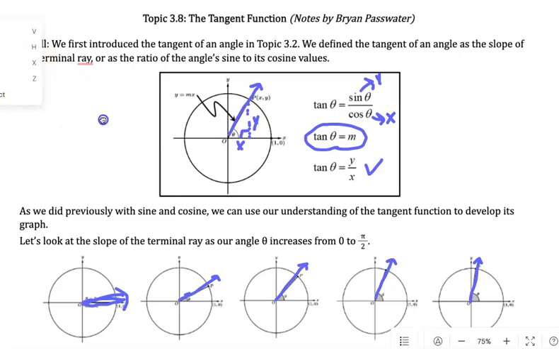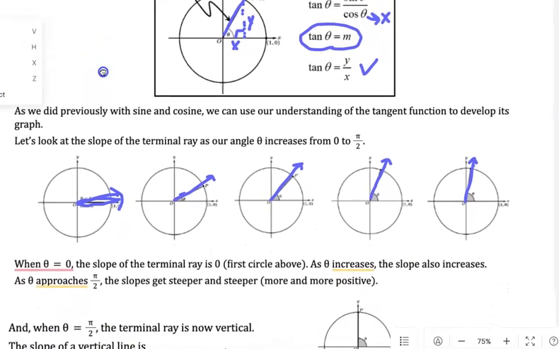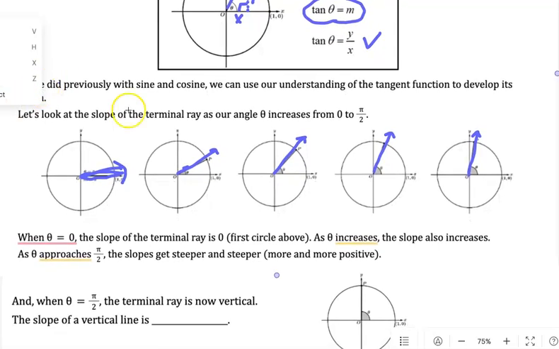Basically, the terminal ray has a slope of 0 when we are on the positive x-axis, then a slightly higher slope, an even higher slope, and higher and higher.